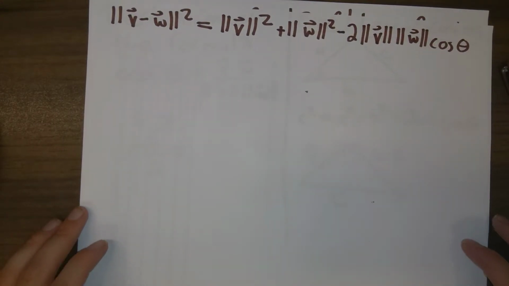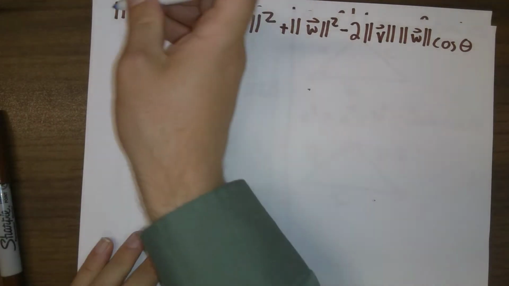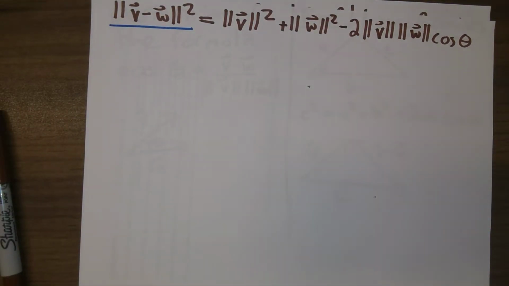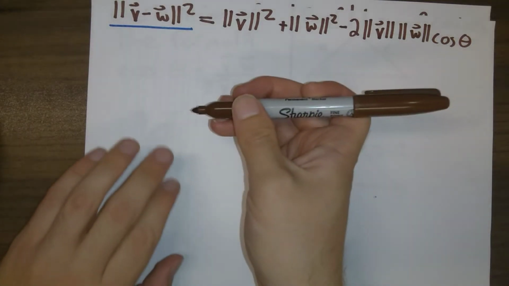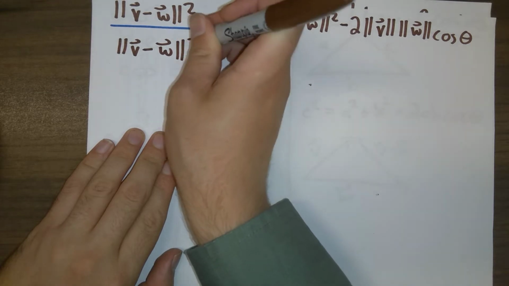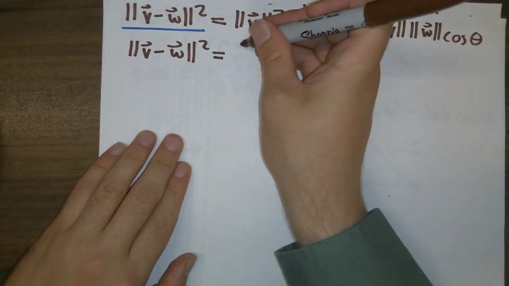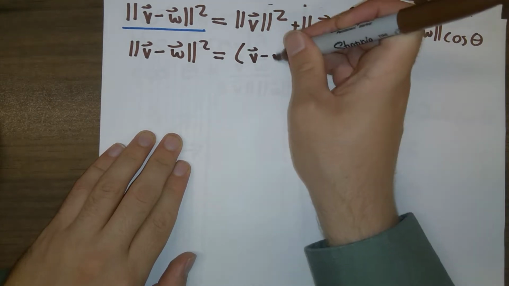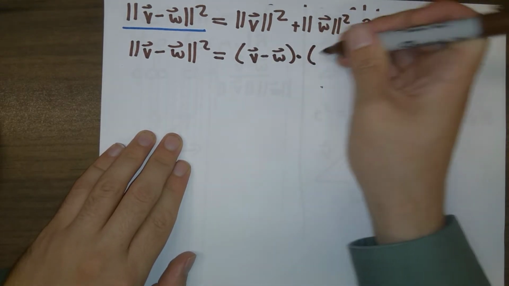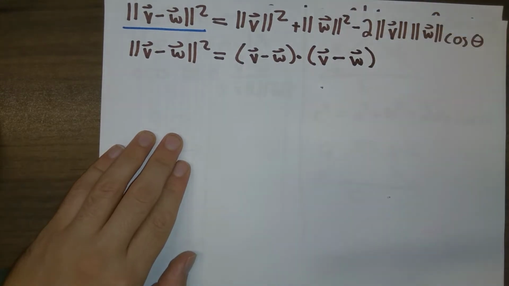So how do we do that? Well, we start off with, the important thing is going to be this left-hand side, the magnitude of v minus w, all of that squared. So the magnitude of v minus w, quantity squared, the square of the length, is just the dot product of that with itself. So it's v minus w dotted with v minus w.